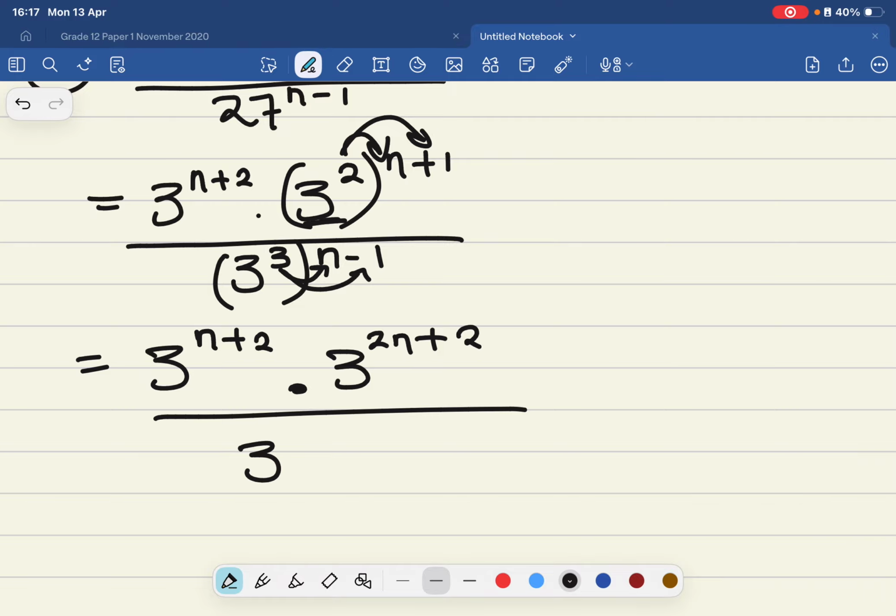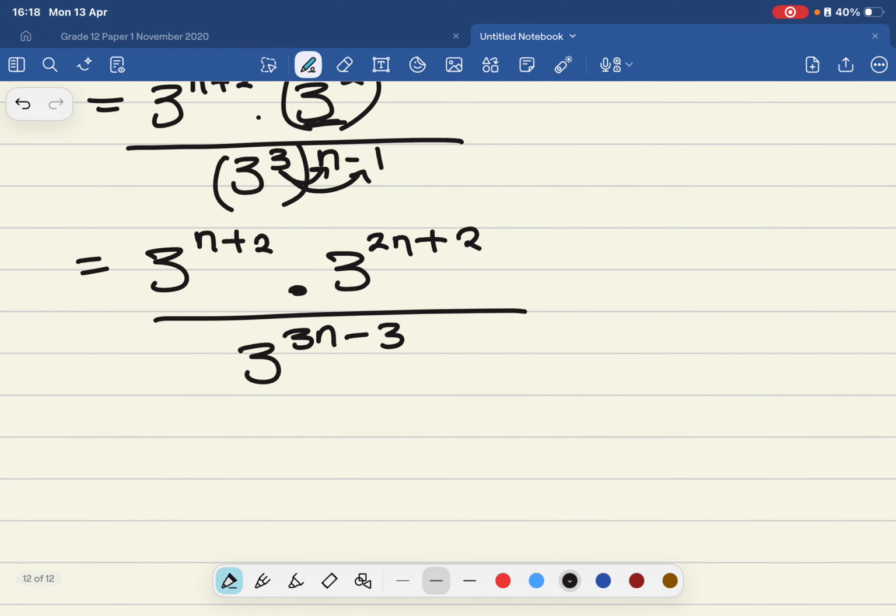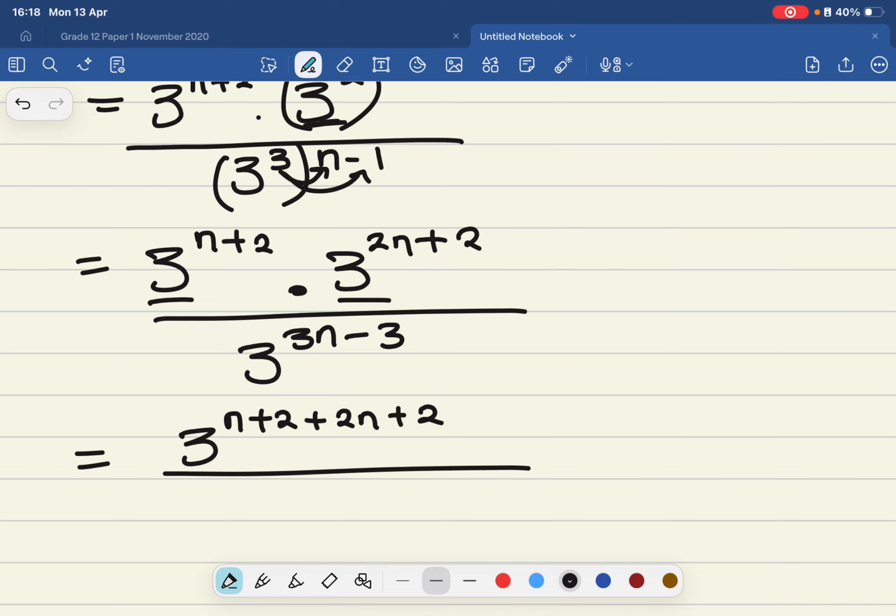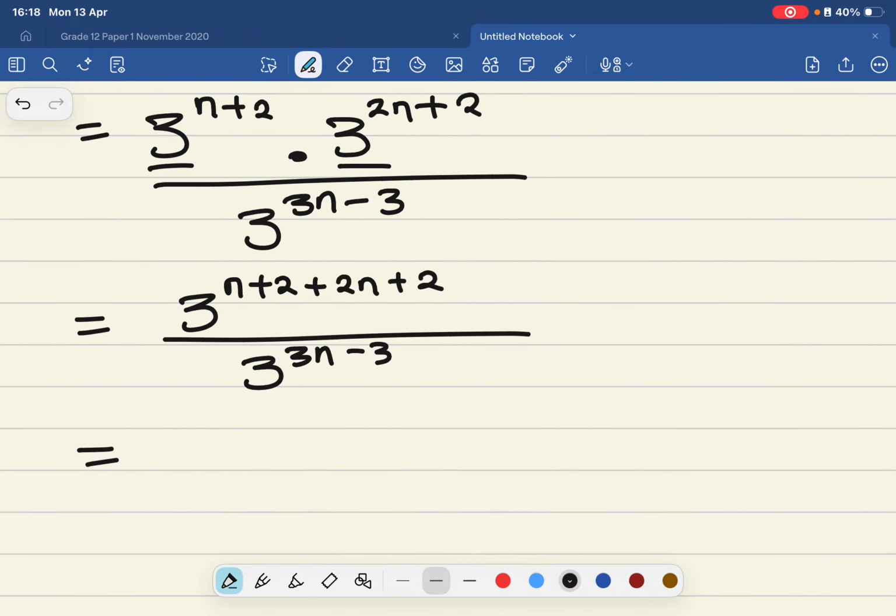So it's gonna be 3 to the power of 3n minus 3. Right, powers, same base. What I do, keep the base. What do I do with the exponent? I add the exponent. n plus 2 plus 2n plus 2 over 3 to the power of 3n minus 3. Right.